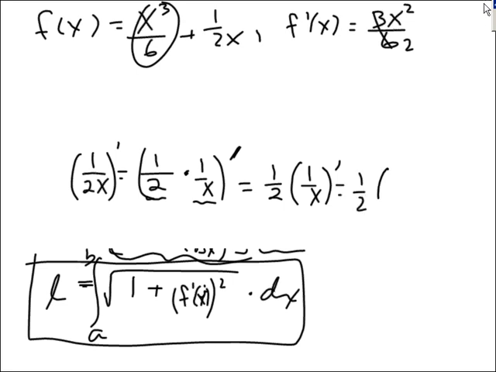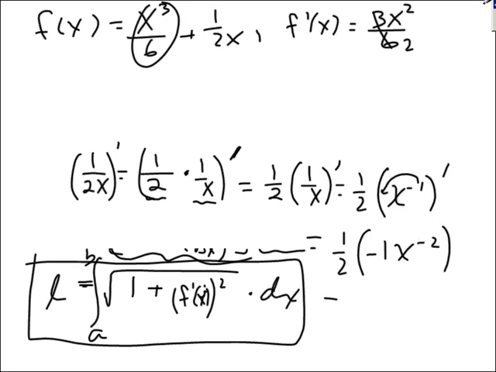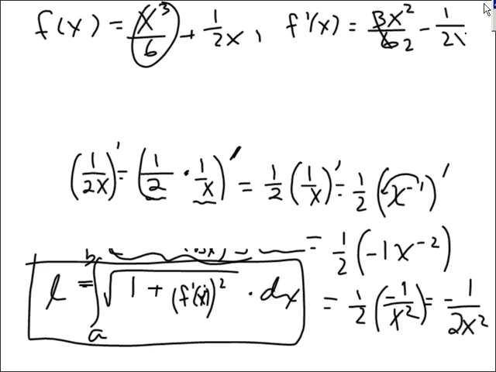But 1 over x is the same as x to the negative 1. And when you take the derivative of that, you bring down the power, negative 1. You make the new power 1 less. And you end up with negative 1 over x squared. Or, multiplying everything out, negative 1 over 2x squared.